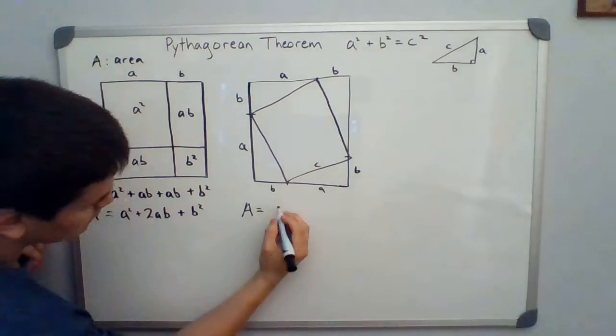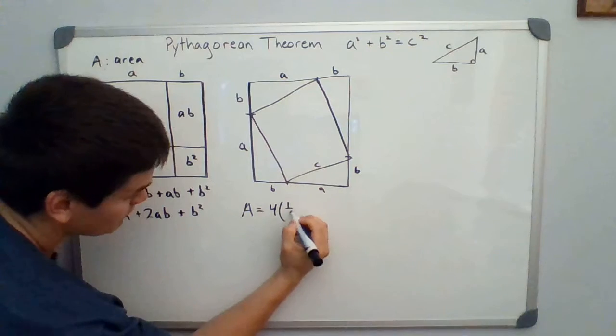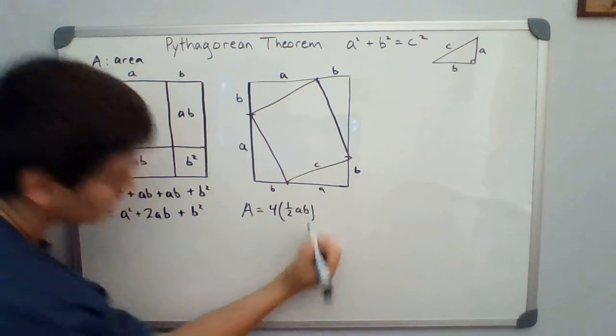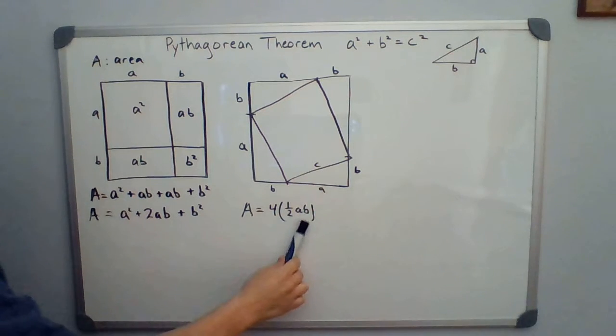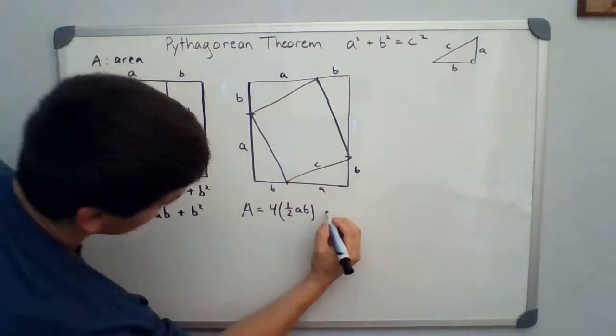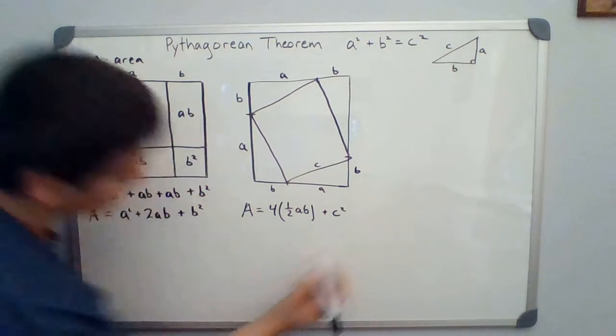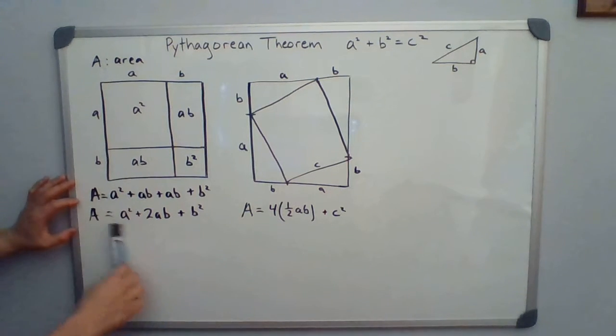So I know the area is 4 times 1/2 AB. Since I have 4 triangles and the area of each of them is 1/2 AB, the area of this is 4 times that, plus C squared as well. So I can represent A as this, and I can represent A as this.